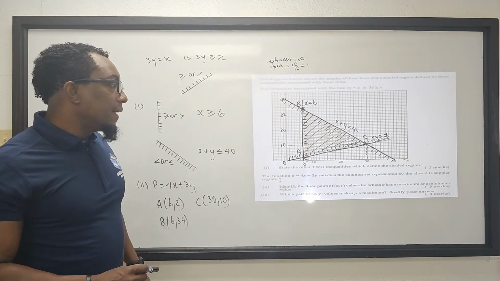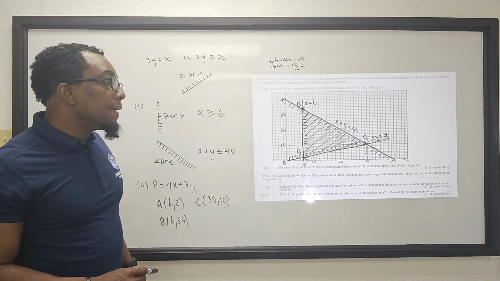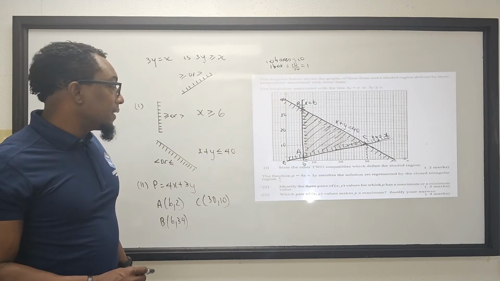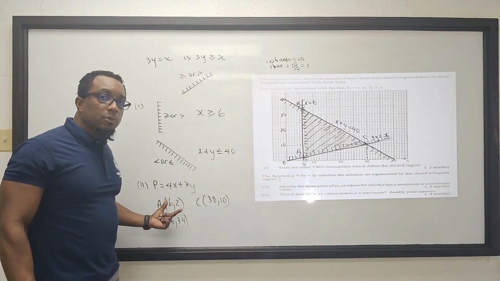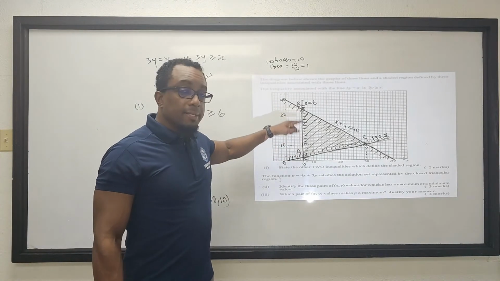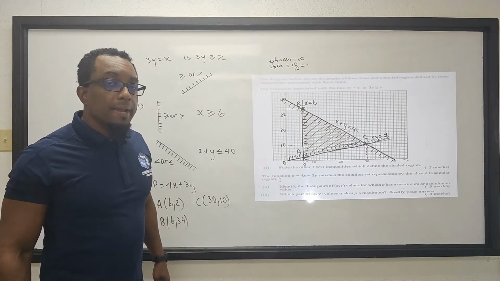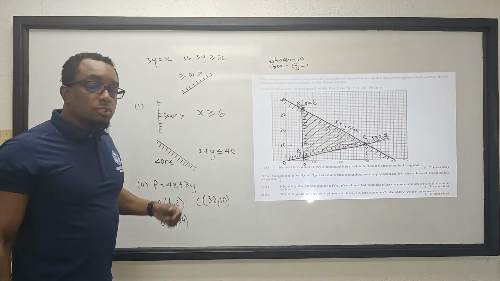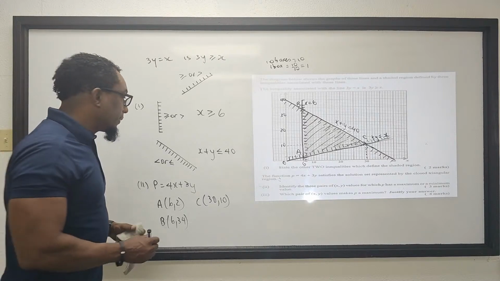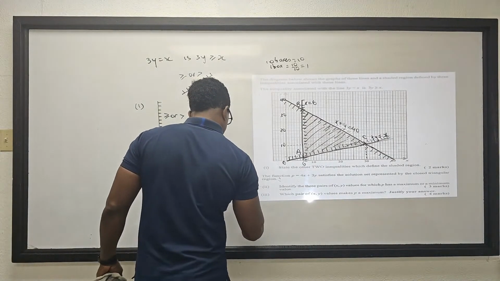And which pair of x, y values makes p a maximum? Justify your answer. We just need to substitute the coordinates of the vertices of the satisfied region into our expression for p.